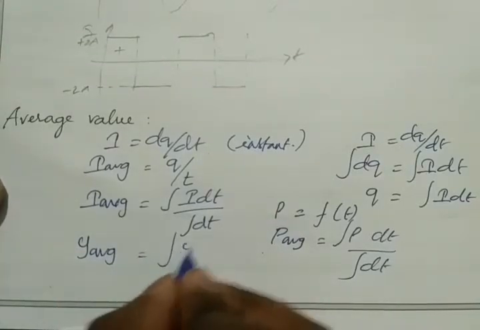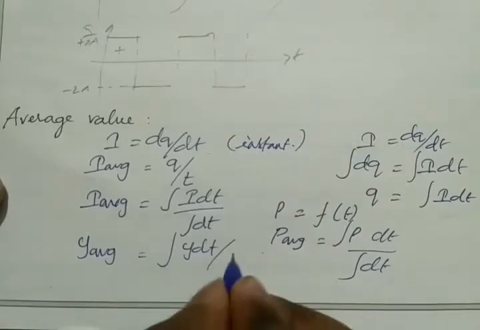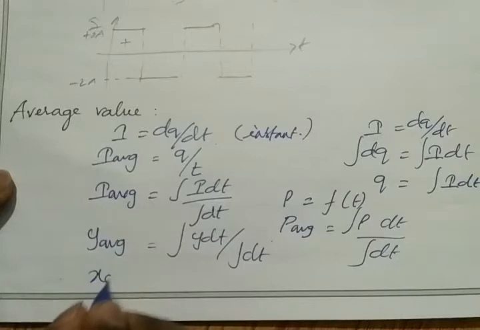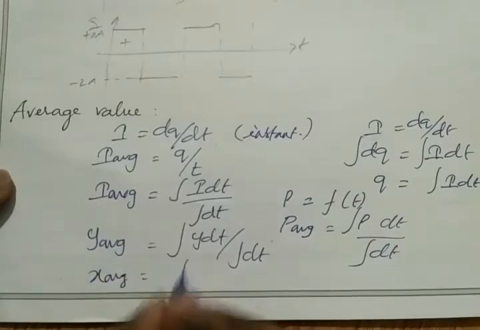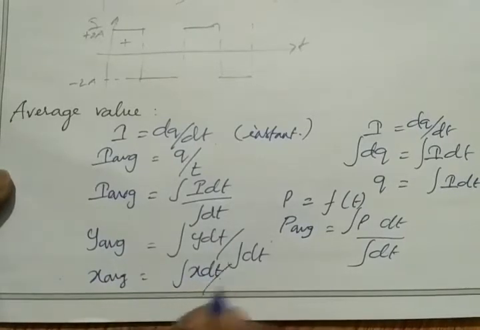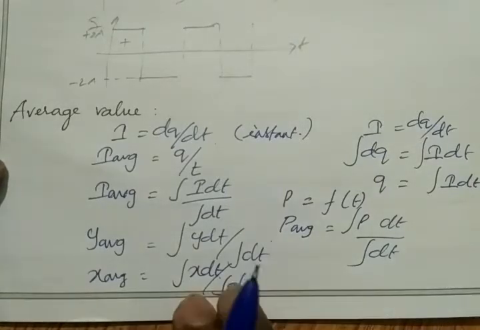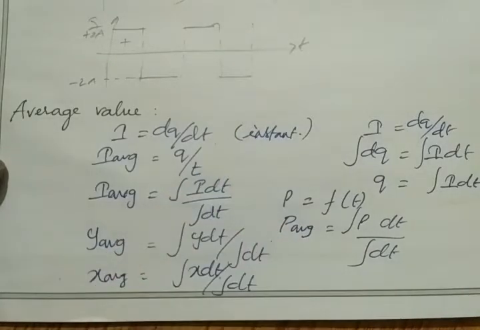Simple: integration of y dt divided by integration of dt. If you take x average, then integration of x dt divided by integration of dt. So this is the equation for average value. Average value of current, average value of power, x, y. So the average value will have this type of common equation: that value with integration of time divided by integration of time.